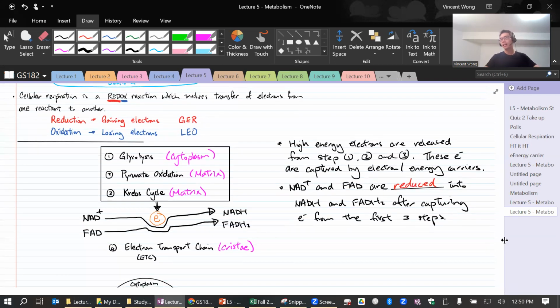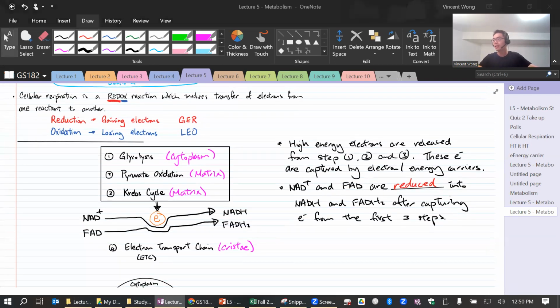So think of NAD plus and FAD as taxis, okay, or Uber. The taxi, when they have no passenger, the light on top is not lit up, right? So then the passenger, the electron, can get on. Once they hop on, once they get into the car, it lights up, says occupied, right? So they become NADH and FADH2.